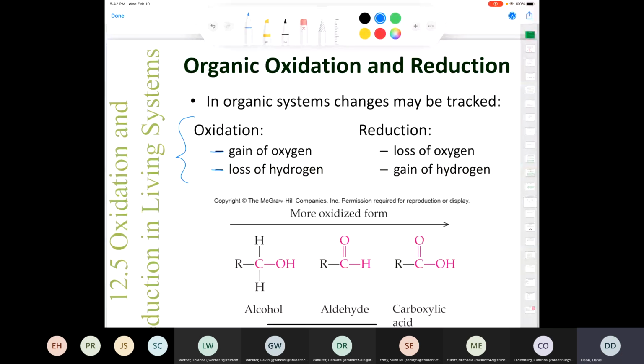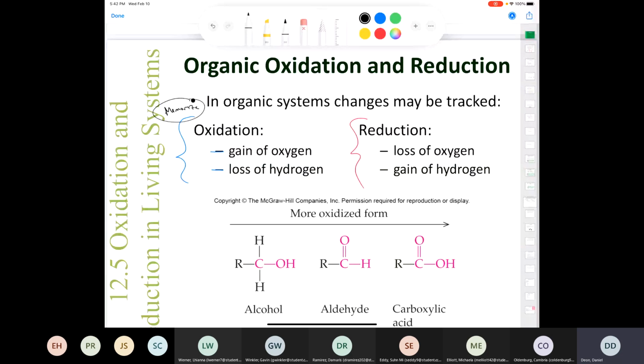If you think about what oxidation is, adding oxygen, well, it makes sense that if you gain oxygen, you're undergoing oxidation. It might not be as intuitive, but when you lose hydrogen, that's also considered oxidation. Conversely, reduction can be the loss of oxygen or the gain of hydrogen. You need to memorize these rules. Okay? You need to commit these to memory because they're going to come up so often in this class.